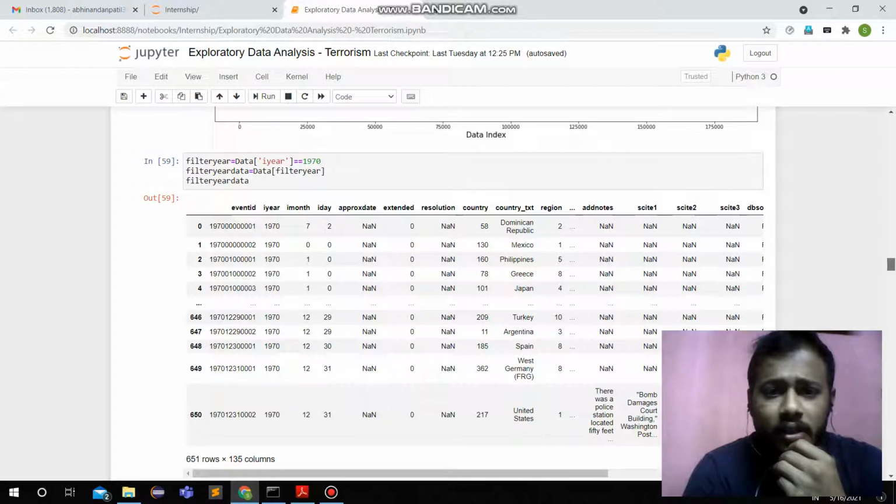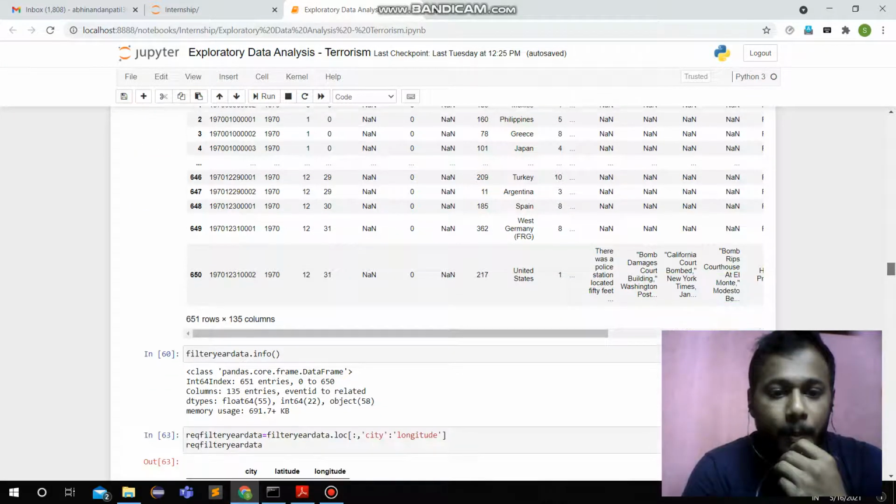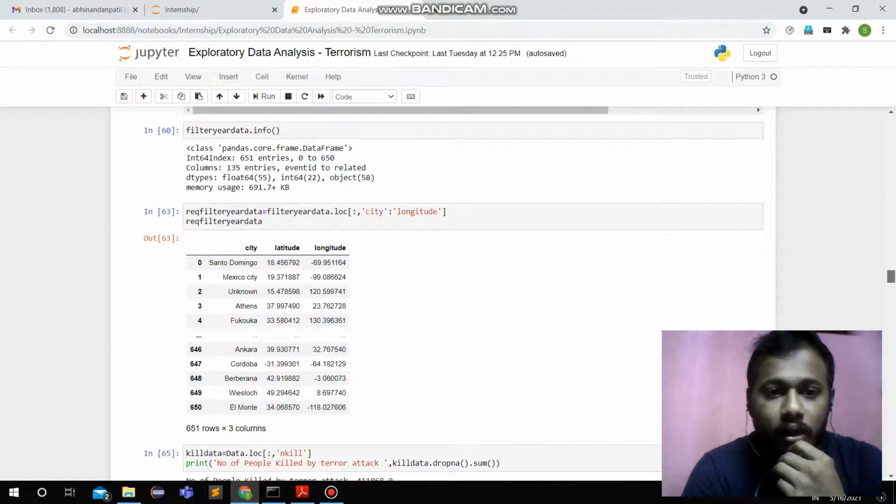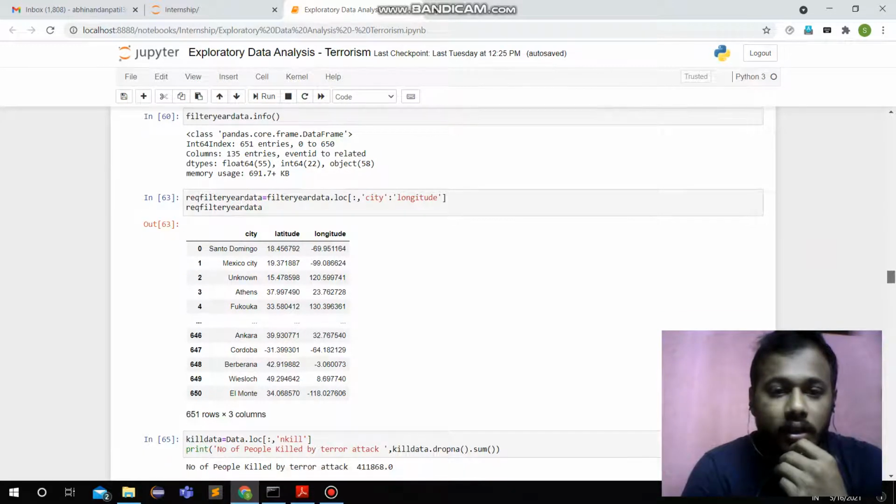Here is the dataset of filter year data, and here is the filter year data.info. After that, here is the dataset of the required year.